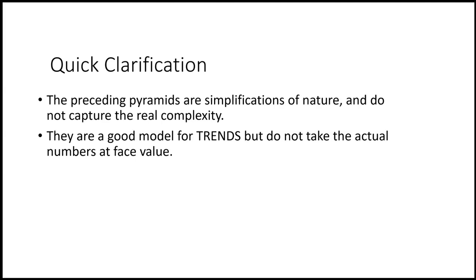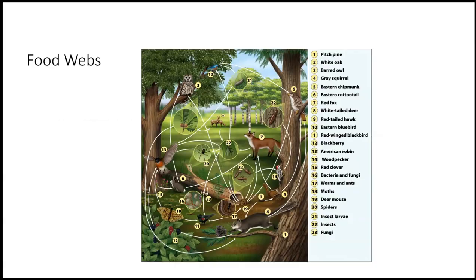But ecosystems really are much more complex than a food chain. This food web you're seeing here is a better indication of the interconnectedness of species in an ecosystem. It's really not quite so simple because a fox, for example, doesn't just eat squirrels.